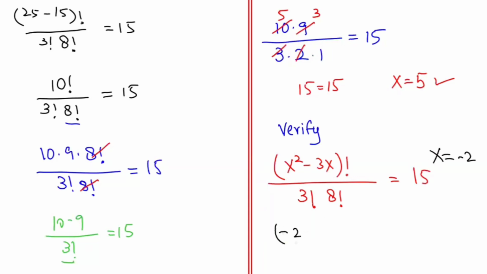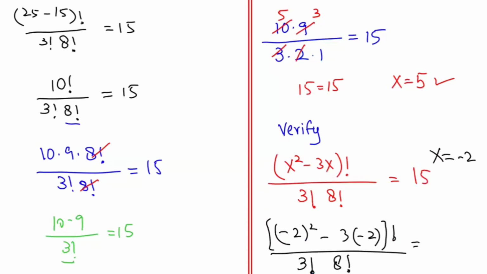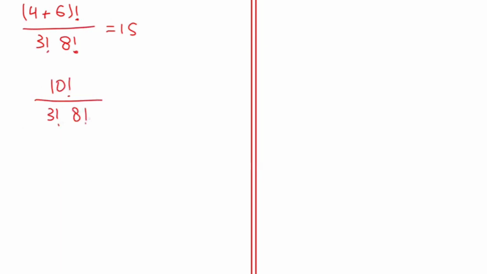Negative 2 squared equals positive 4. This 3 times 2 gives us 6, and minus times minus is plus. So 4 plus 6, factorial, over 3! 8! equals 15. It will be equal to 10! over 3! 8! equals 15.